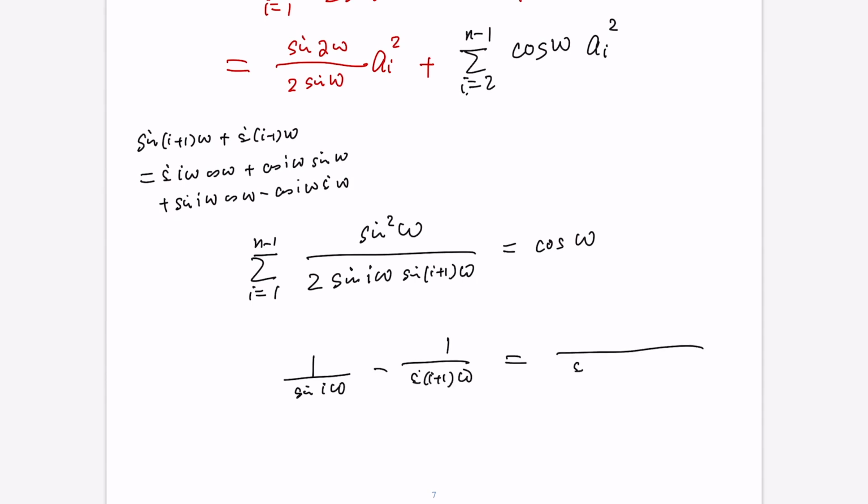This you will produce sine i omega minus sine (i plus 1) omega downstairs, but upstairs sine (i plus 1) omega minus sine i omega. But then this would be equal to subtraction. I forgot. Okay, I forgot the last trick. I suddenly forgot how to prove it.